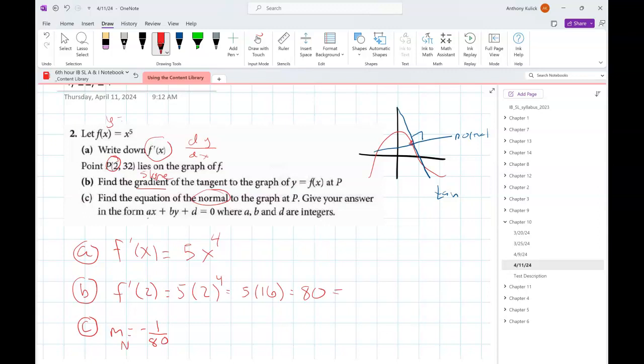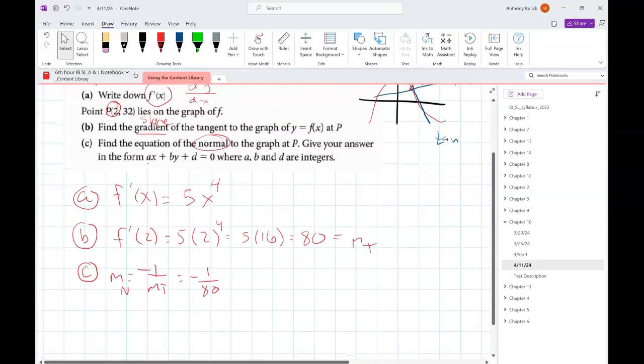So if that's slope normal, that's slope tangent. So the slope of the normal is going to be -1 over the slope of the tangent. Good so far? All right, let's write an equation for our line, and then we'll rearrange that equation to get it in the form that's asked for.